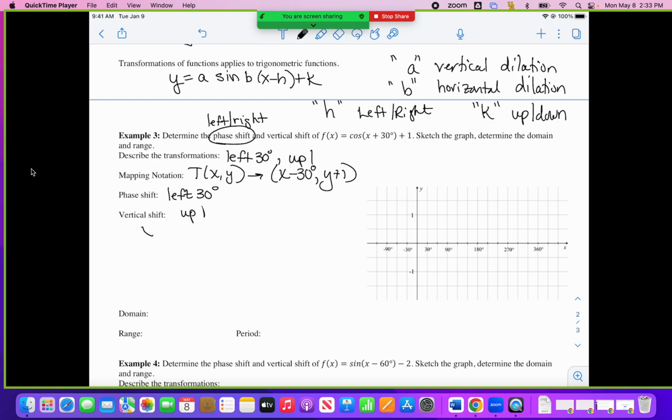So here's what I do. I start with my parent function, which in this case is going to be y equals cosine x. And here's the deal. You're going to inadvertently memorize these because we're going to write them so many times, and you're going to go, okay, now I know.